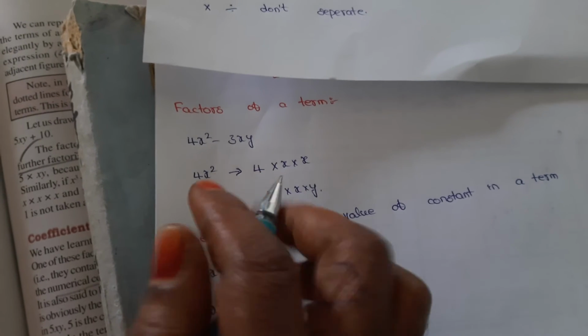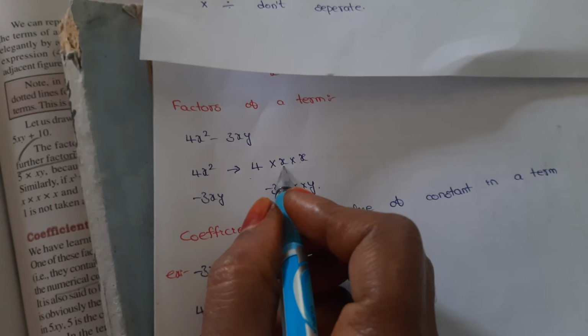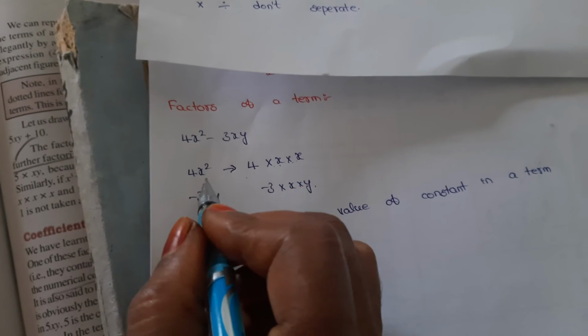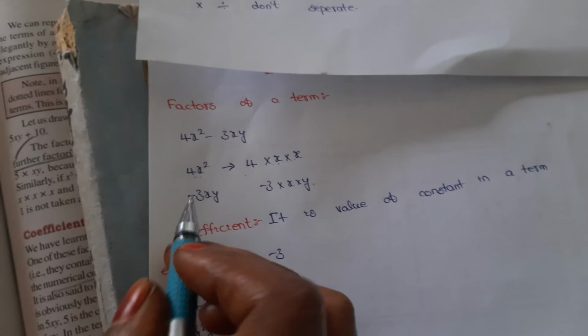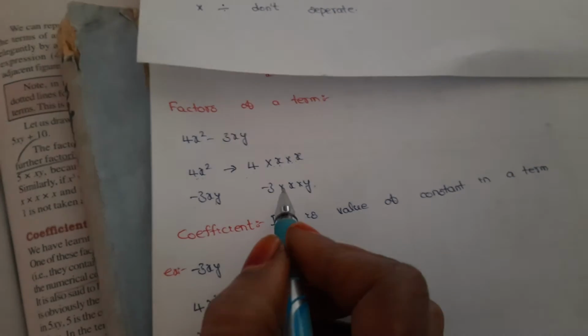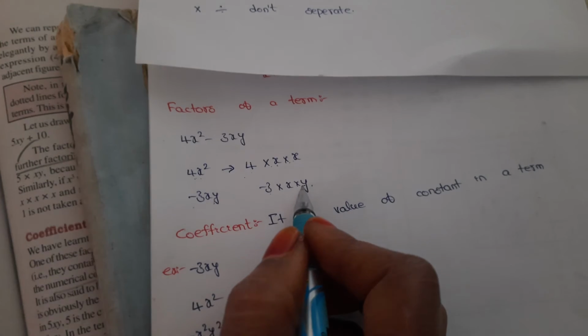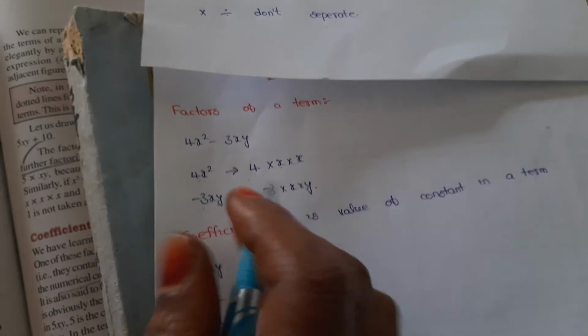Here the number 4 and the variables x and x, these three are factors of the term 4x square. Likewise, for minus 3xy, the factors are minus 3, x and y.